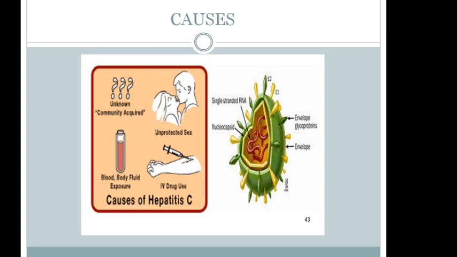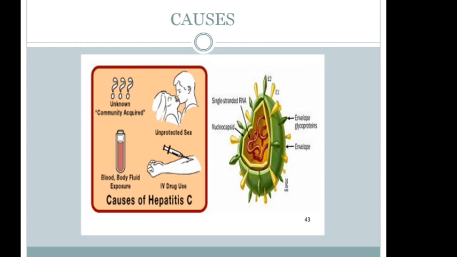What may be the causes? First is community acquired, meaning intake of water or food which is infected with the hepatitis virus, or unprotected sex, or intravenous transfusion of blood or body fluid which is infected with the hepatitis virus, or infection through pricking with an infected needle.